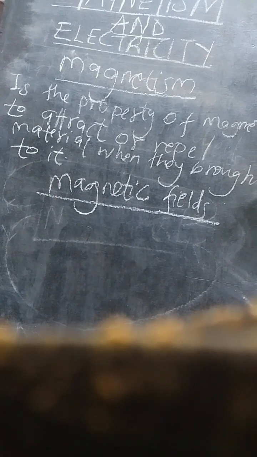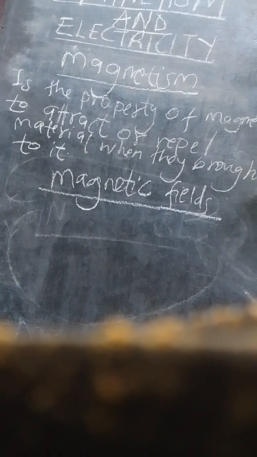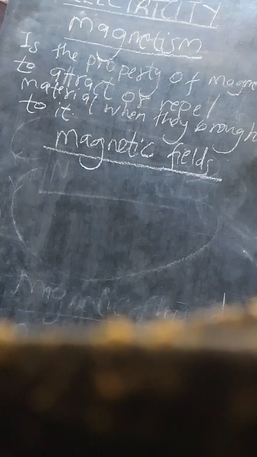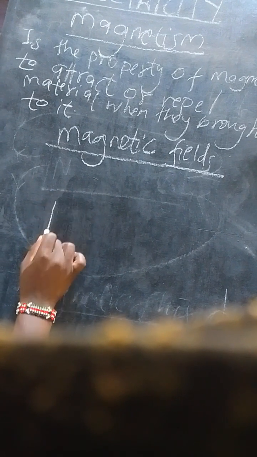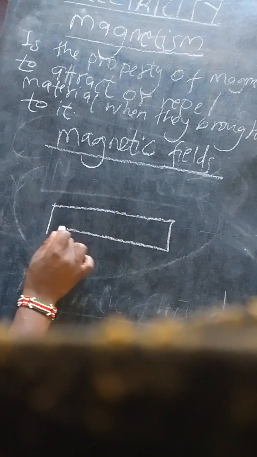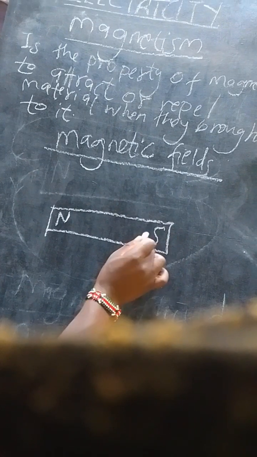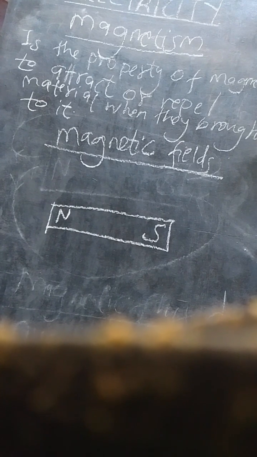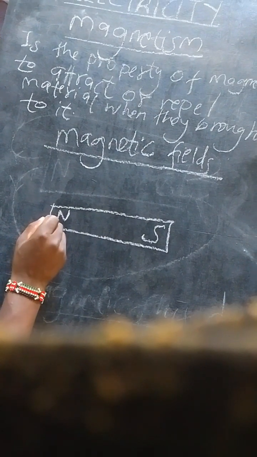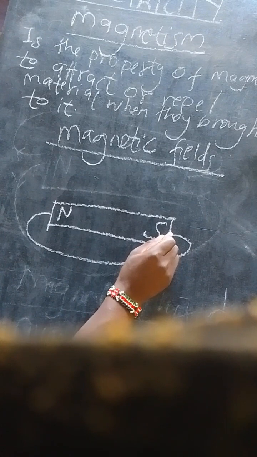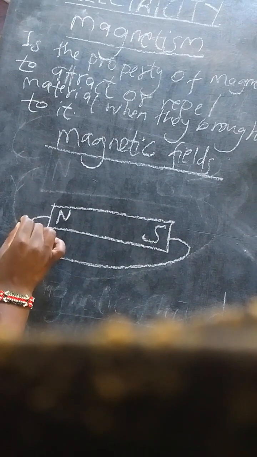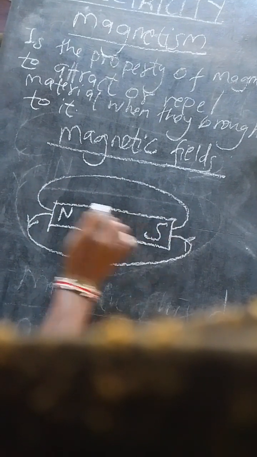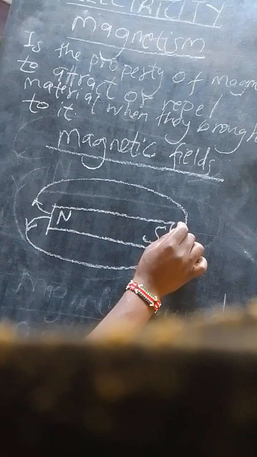Remember, we have a bar magnet, a ring magnet, the horseshoe magnet, and others. I'm going to use a bar magnet to represent what fields are. This is the north pole and this is the south pole. Remember, a magnet has two poles. The north pole is where magnetic field lines originate from and they end in the south pole. Those are magnetic fields.